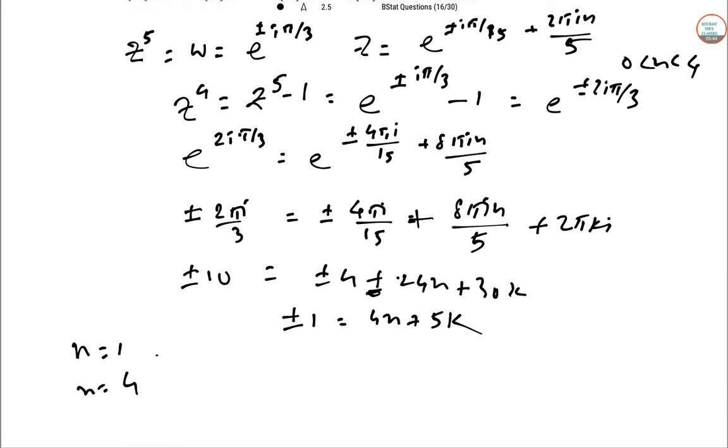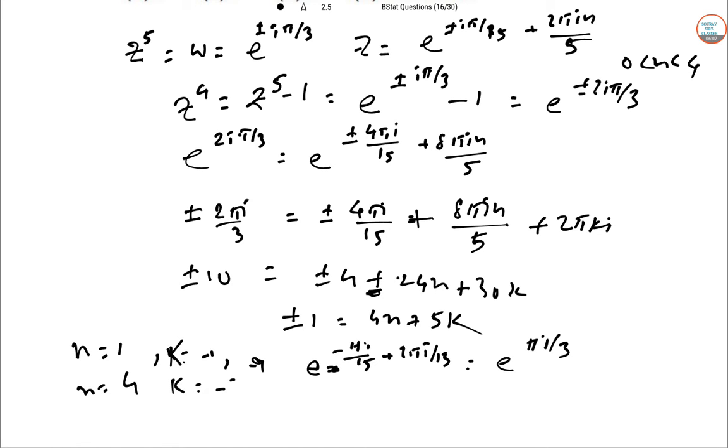So n equals 1, k equals minus 1, so minus 1 equals 4 minus 5. So z equals e to the power minus pi i by 15 plus 2 pi i by 5, okay, so this is e to the power 2 pi i by 3. In the other case, k will be minus 3.